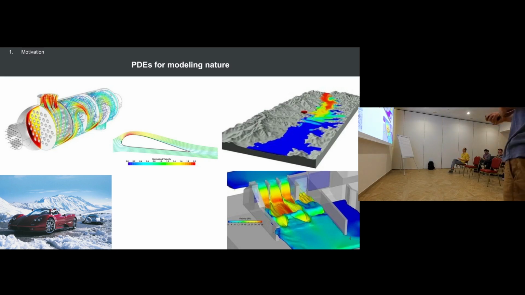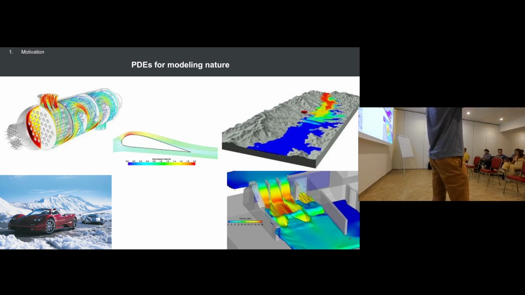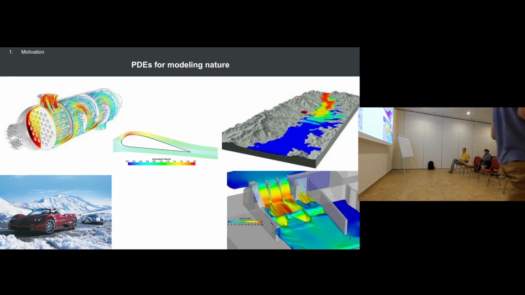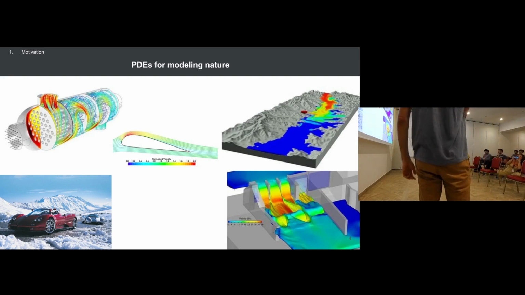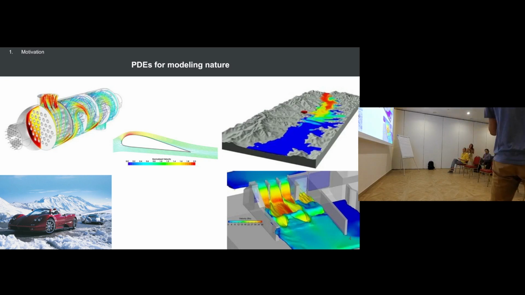Also, for example, planes: you have the wing of a plane, and you would like to understand and optimize its shape. For that, you have a partial differential equation that will model all these systems and will allow you to describe how they behave in different situations.